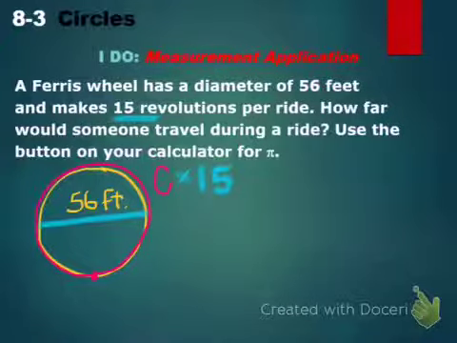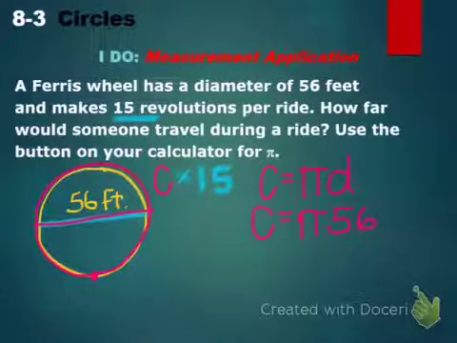So let's go ahead and start by finding our circumference. Because we're given a diameter, we're going to use our formula C equals pi d. And for this, our diameter, we're going to substitute 56 for d.